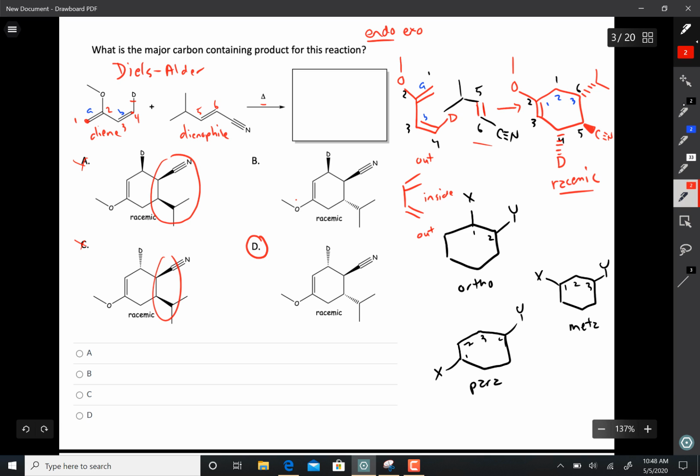Then between B and D, D has the deuterium and the nitrile on opposite faces of each other. So this one right here is the exo product. That would be the product if the diene was this one.